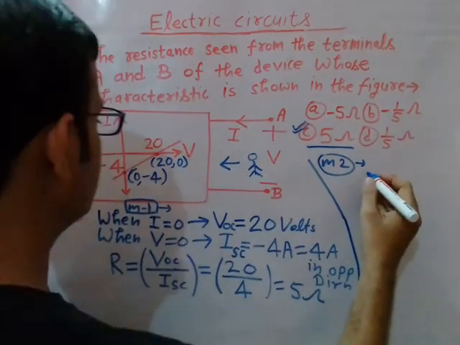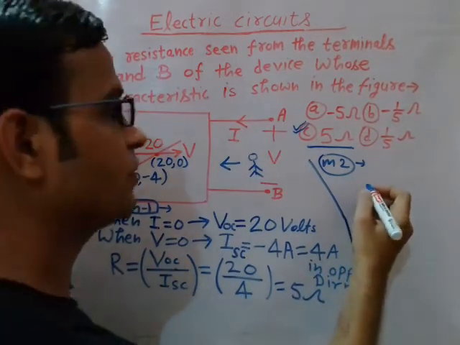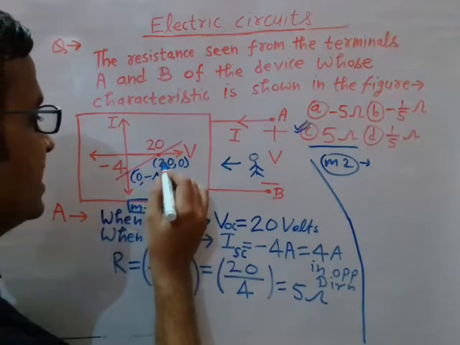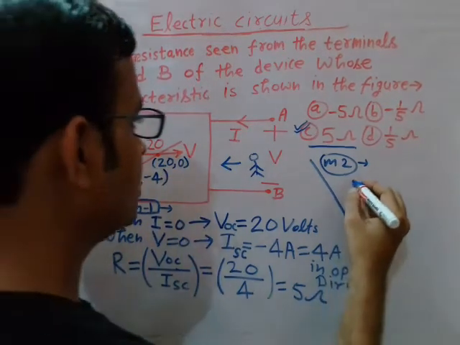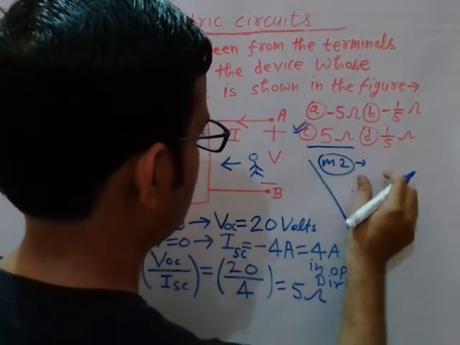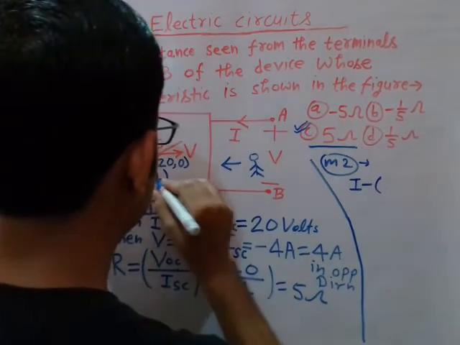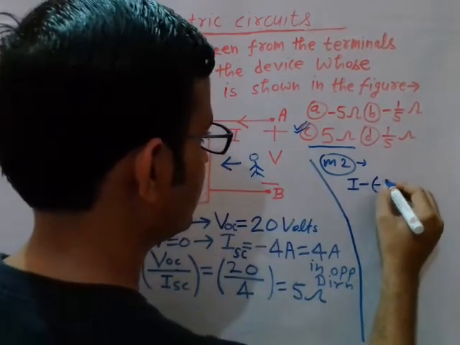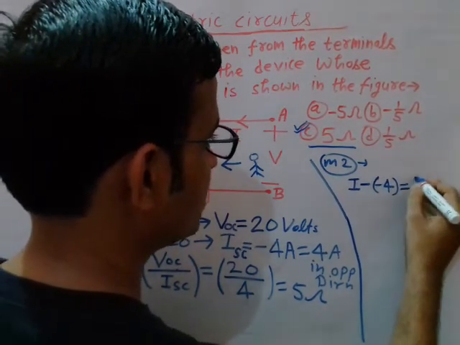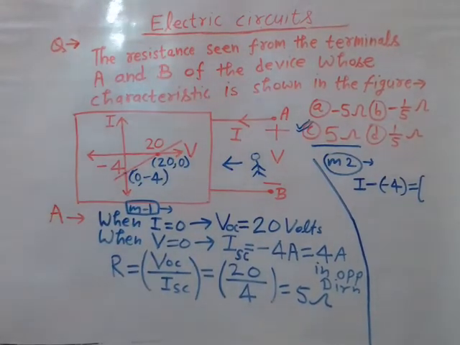You know the equation of this line is y minus y1 is equal to m times x minus x1, right? Suppose this is x1, y1, and this is x2, y2. Then you will write y minus y1, that means minus of minus 4, so you will write plus 4.